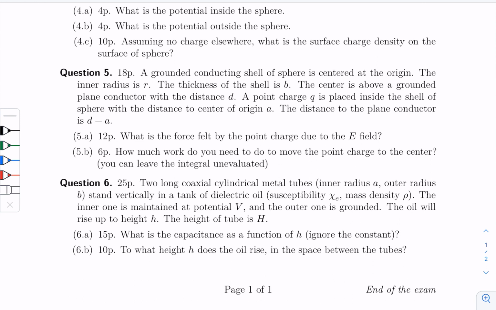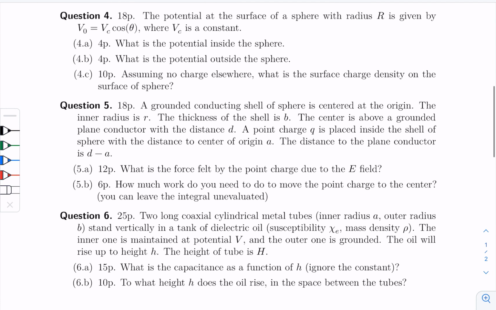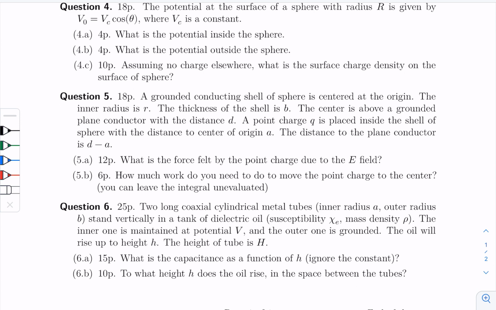And I actually noticed a very interesting answer for this question. Sorry, for question 6b, yeah. In 6b, somehow one student either did not have enough time to finish the problem, or was stuck on the math.